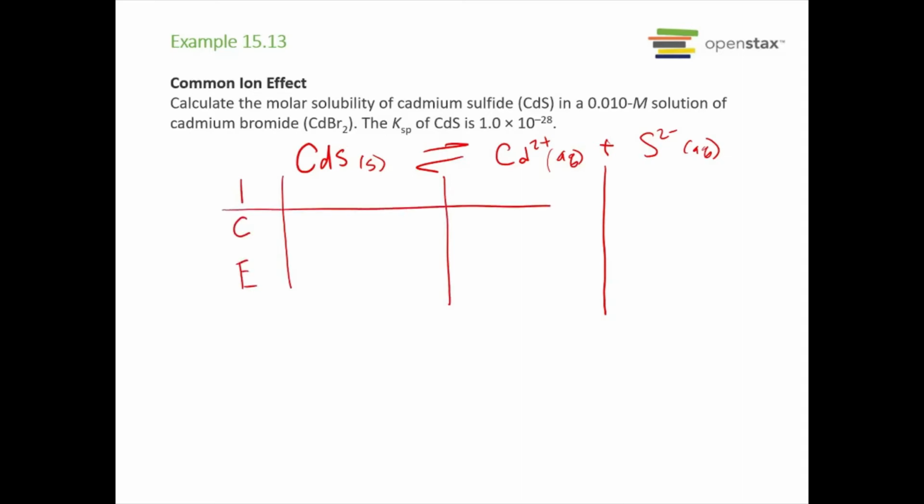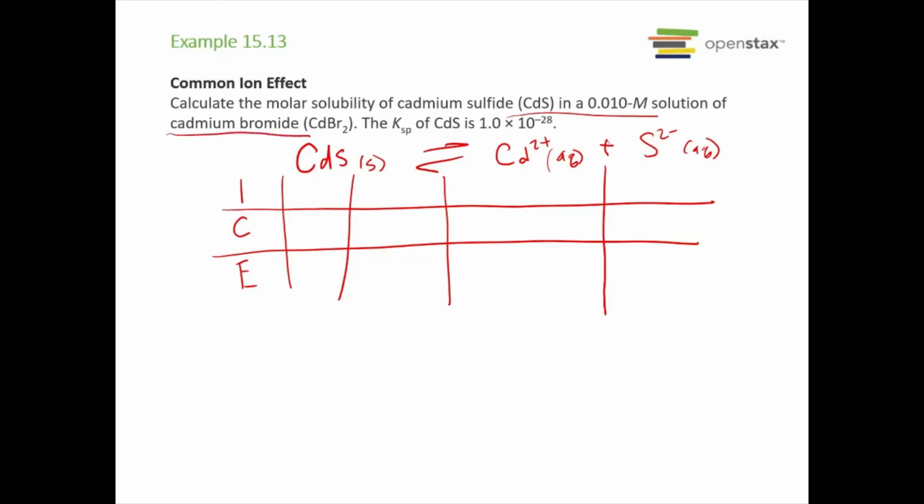ICE. Nothing for the solid. Now, we know that we're starting here, though, with 0.010 molar cadmium because this is a solution of cadmium bromide. So we don't have any sulfide to start with.